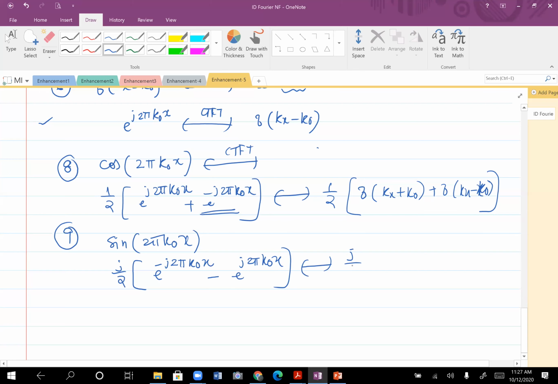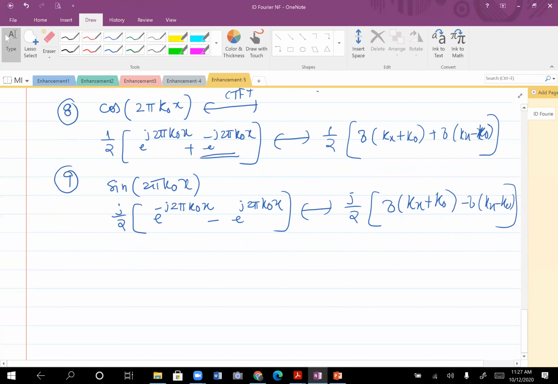So that would give me the CTFT will be j by 2 into delta of kx plus k naught minus delta of kx minus k naught. Is it not? So let's put how it looks like here. And it's anyway 1D, we could draw it. We have kx, right?